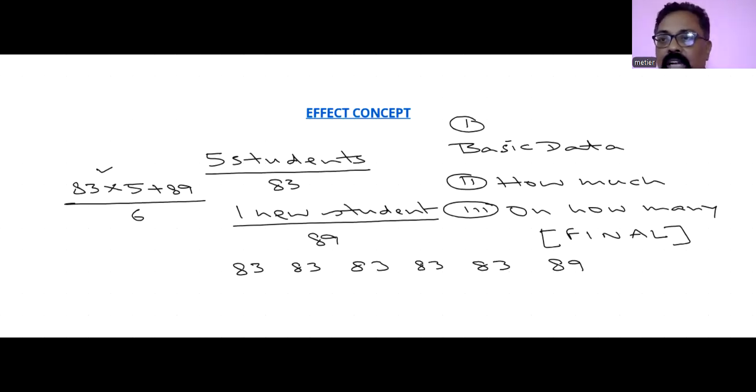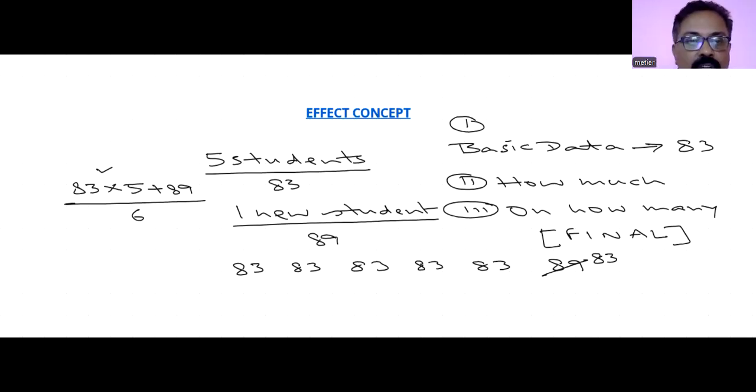Here our basic data is 83. We have to consider whatever is extra or less with respect to this 83, right? This student scored 89, so if all got 83, the average of 6 students would be 83.